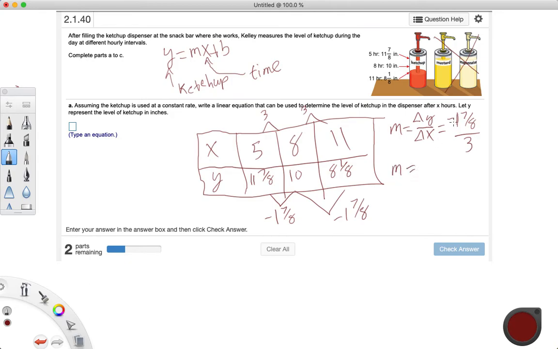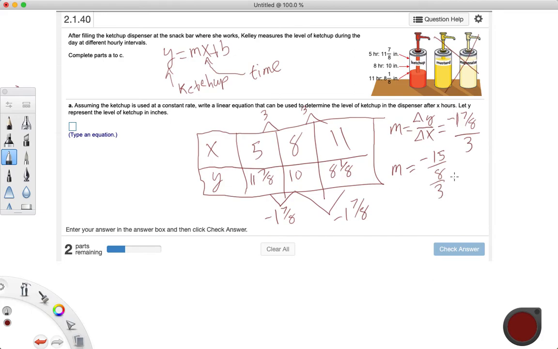So m equals negative 1 and 7/8. Let's turn that into an improper fraction first. So 1 times 8 is 8, 8 plus 7 is 15, so that's negative 15/8 over 3.